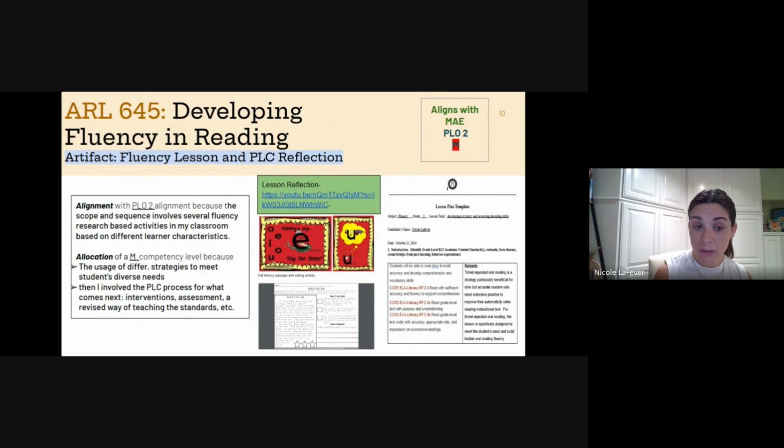So it aligns with PLO2 because the scope and sequence involves several fluency research-based activities based on different learning characteristics, and the M competency, because not only do we know the different standards, but we need to use differentiation strategies to meet those students' diverse needs, and then to always evaluate it. So this is where the PLC process comes in, intervention. So, making your lesson, but also making it available that you're giving every student what they need.